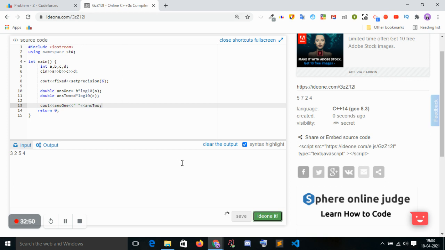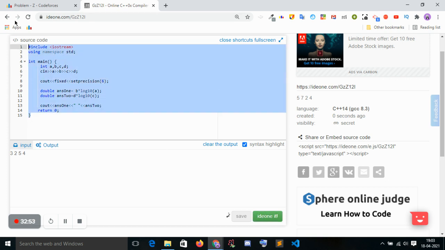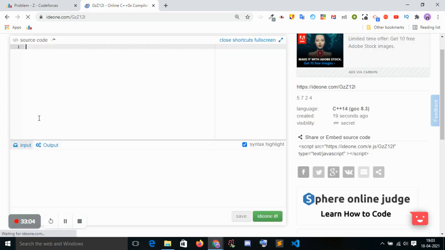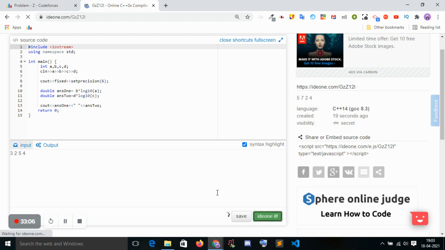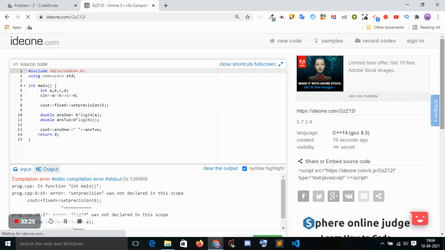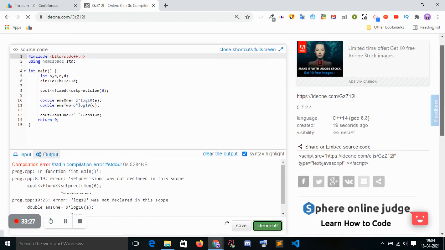Even some network issues are there. Okay, for set precision, oh, you have to use bits/stdc++.h.